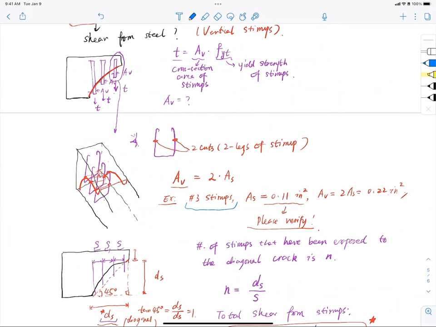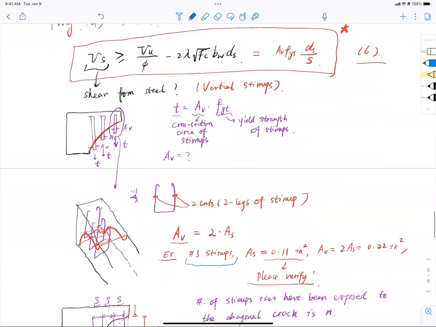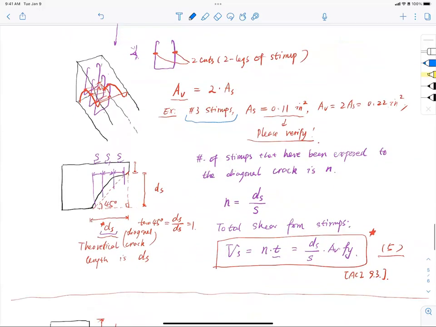Now the tension force per stirrup gives you Av fyt, where fyt is the yield strength of the stirrups. So that is one stirrup's contribution towards shear. To calculate the total contribution from the stirrups, you use Av fyt multiplied by ds over s. How does ds over s come about? You can see from the diagram on the left.